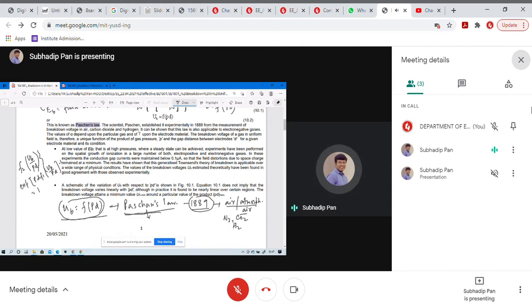This law is also applicable to electronegative gases, as we know that all these gases are electronegative. In this experiment, the conduction gap current was maintained below 0.1 microampere, so that the field distortion due to the space charge remains at a minimum.